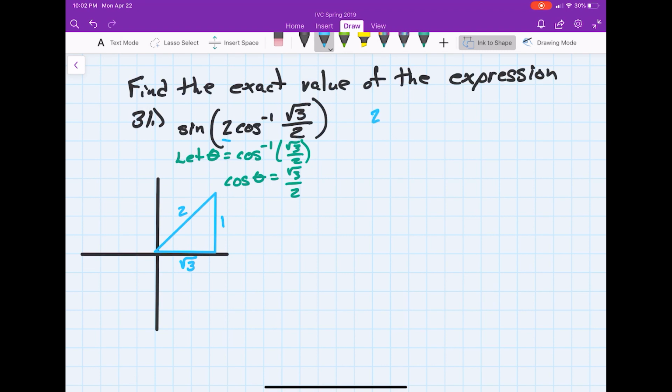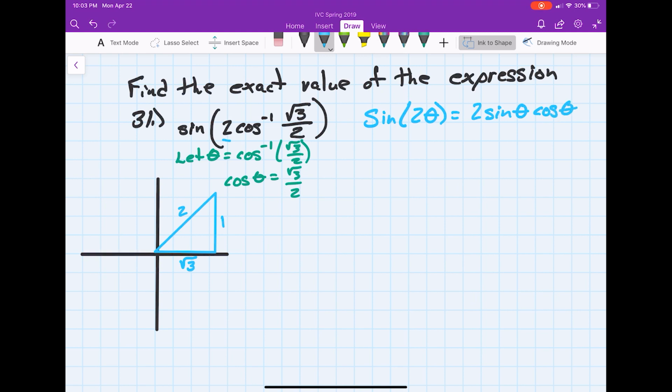But here's that 2 part, 2 times that whole thing, so it's a double angle identity. Let's write this out as sine double angle identity 2 theta. And that identity, we only have one option, so we have 2 sine theta times cosine theta.